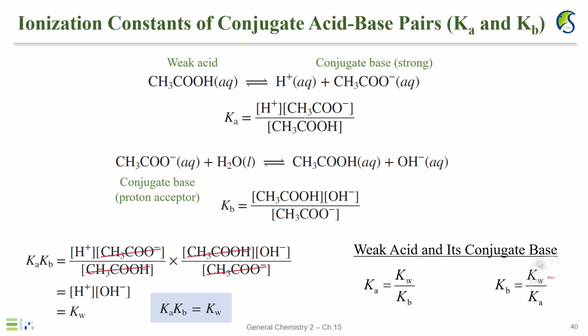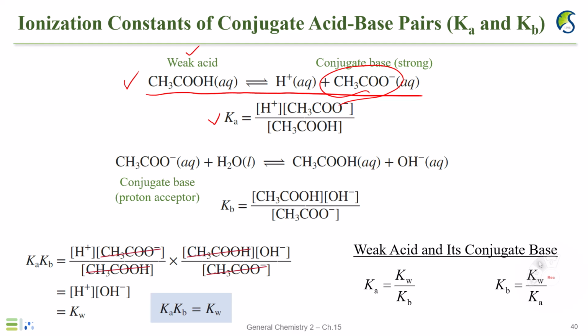Let's take an example of acetic acid, which is one kind of weak acid. So this is a weak acid, and you can write down the basic equation of the acid, right? And you can define Ka. And here, since this is a weak acid, you can define the conjugate base, which is this.